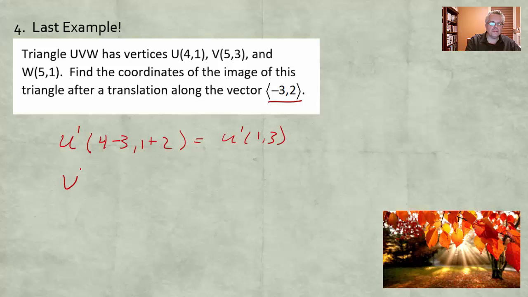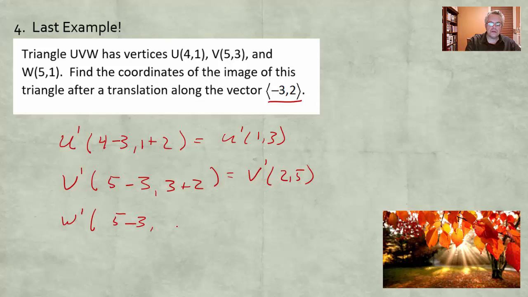Okay, V prime. Well, we're starting with the original x coordinate and we're decreasing it by 3. We're taking the y coordinate, increasing it by 2. So I get that V prime would be (2, 5). Okay, last point, W. W prime, we're subtracting 3 from the x coordinate, so it's going to be 5 minus 3.